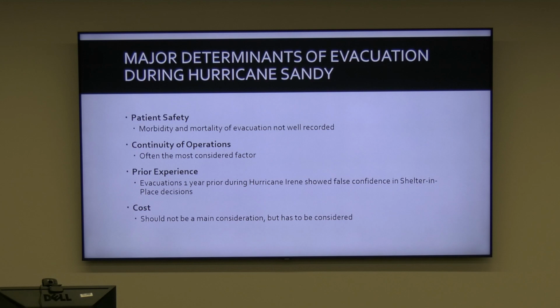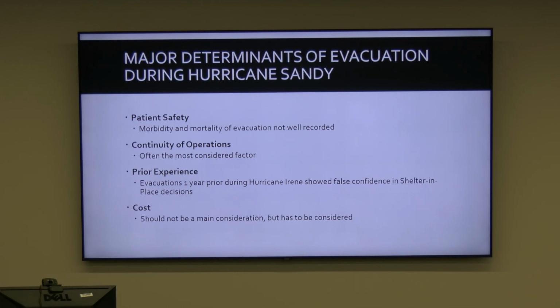So evacuation, during Hurricane Sandy, a year before that, there were several evacuations prior to Hurricane Irene that showed false confidence in shelter-in-place decisions. What happened with Hurricane Irene is that several hospitals actually evacuated in preparation for it, anticipating that it would be a huge disaster.